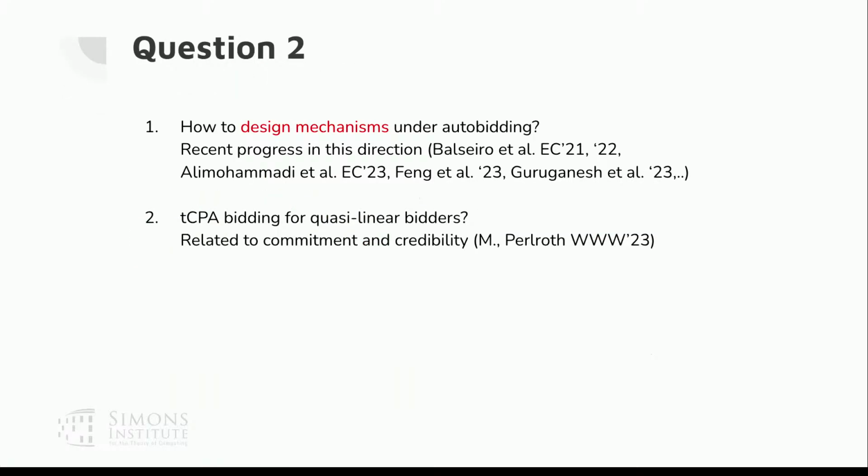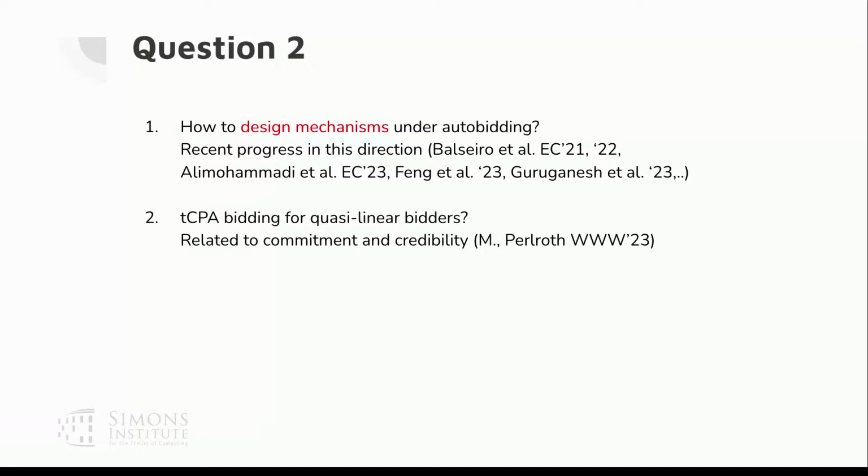And I mentioned this a little bit earlier, but I'll emphasize that we are talking about the quality of the equilibrium, assuming that the targets which are entered are fixed. We didn't talk about mechanism design in this talk. And that's a very interesting question. How do you design mechanisms under such an auto bidding setting?